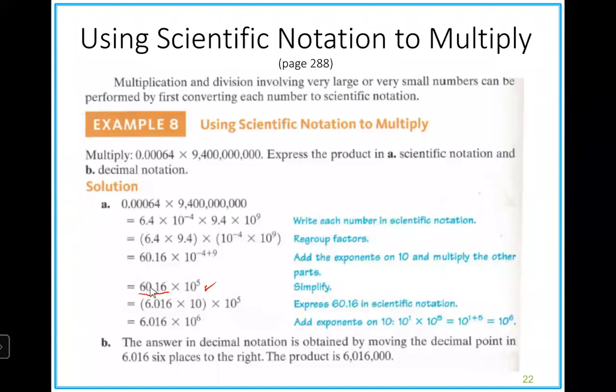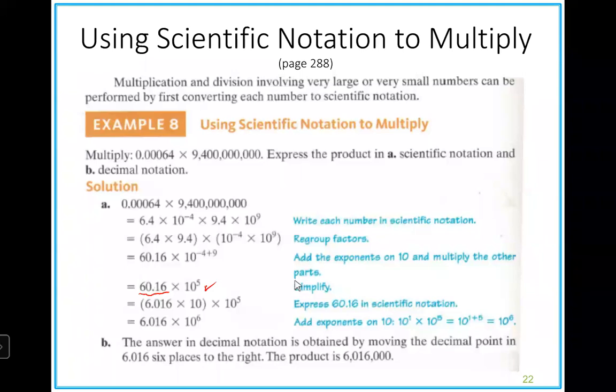If it is not, then you have to adjust it so that it falls between 1 and 10, and then say what power of 10 you have to multiply it by to get back the original number. In this case, you'd multiply 6.016 by 10 to get back to 60.16, so that's 10 to the power of 1. You multiply 10 to the power of 1 times 10 to the power of 5, and you get 10 to the power of 6. Okay, that's it for that.